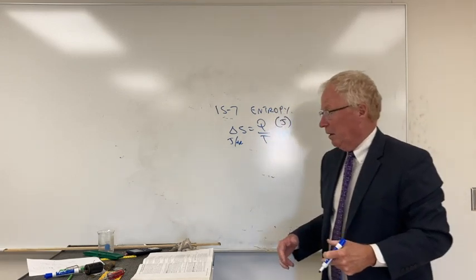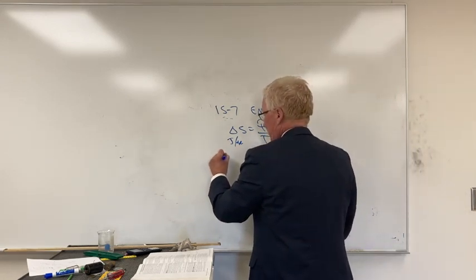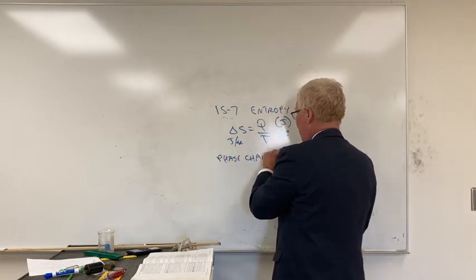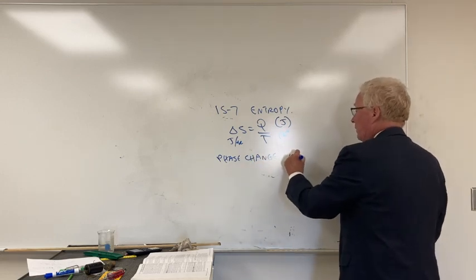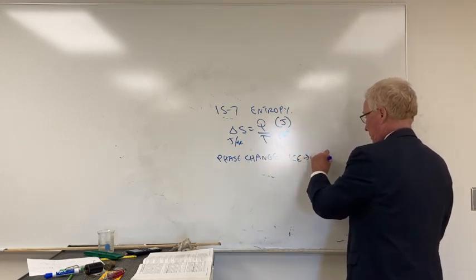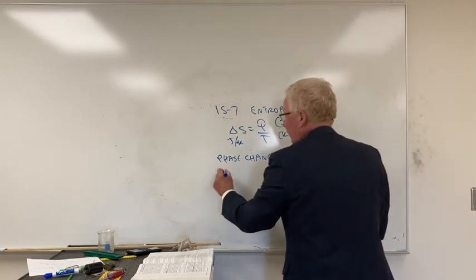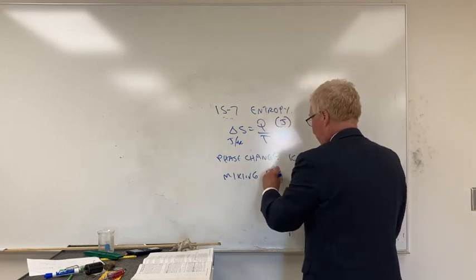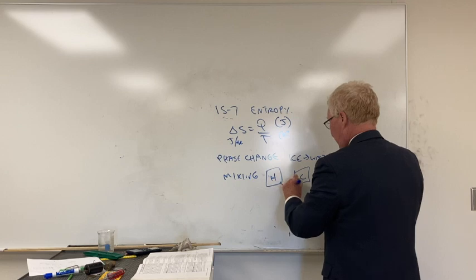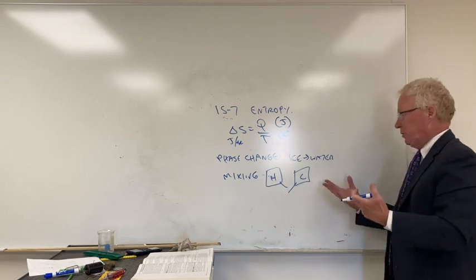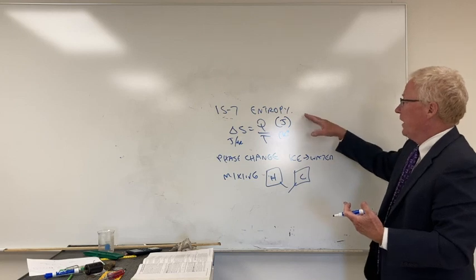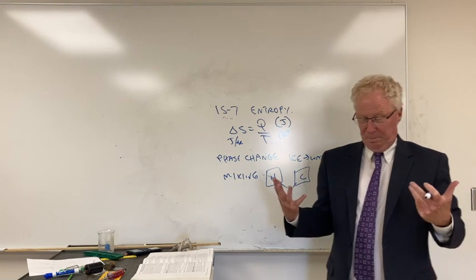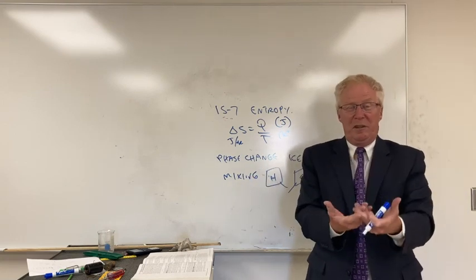So we had entropy of phase change, like ice to water or water to steam, and also entropy of mixing. Hot water, cold water, mix them together, and you have the change in entropy, which we talked about already. And the entropy of any system will always increase over time.